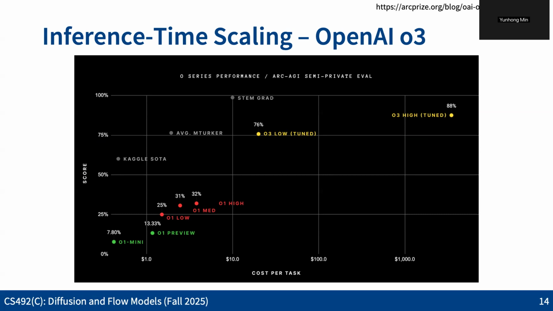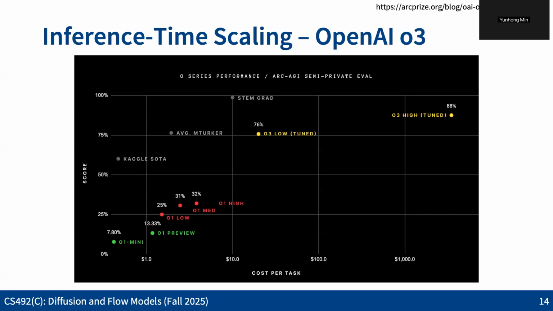With the previous models, the AGI score was very low, something like 10% or 20%. But when we started to see O3, the score exceeded 88, which is a huge jump, right?